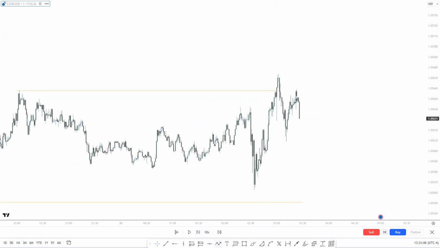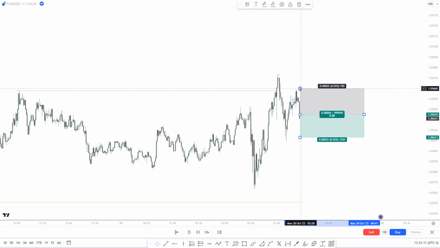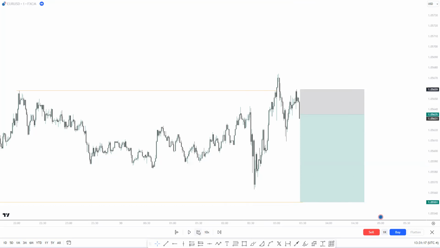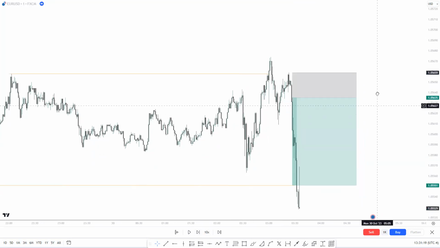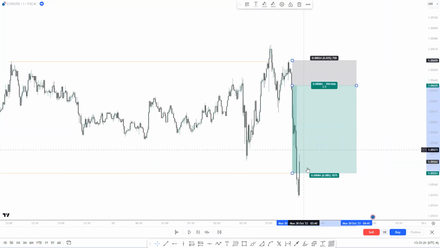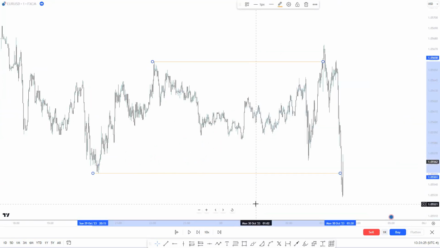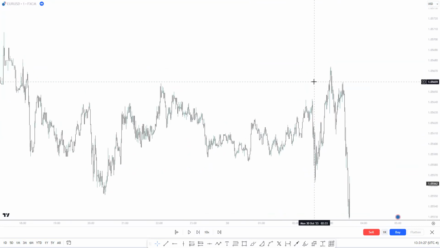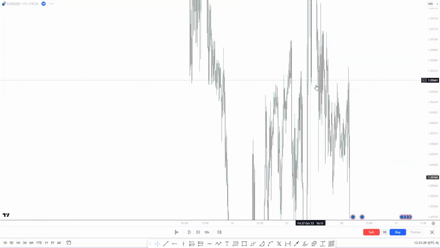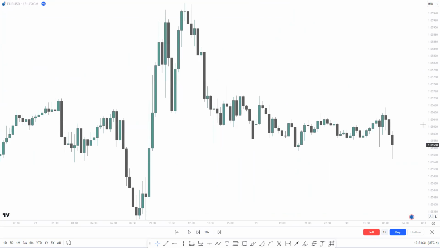Breaks lower. So I personally enter directly on the break, when price breaks the structure. I would have placed my stop loss right here and targeted this Asian low. And you can see that it pretty much did it, right? So this is basically my model. And trust me, you can make a living out of this thing.